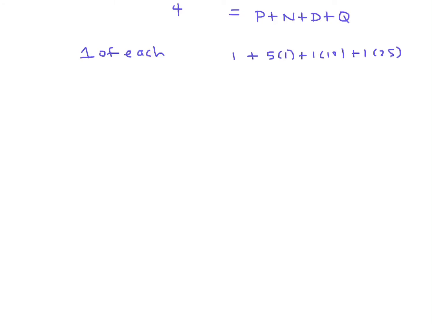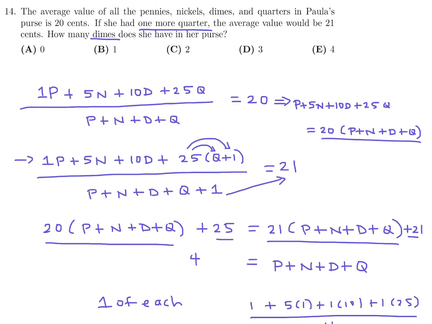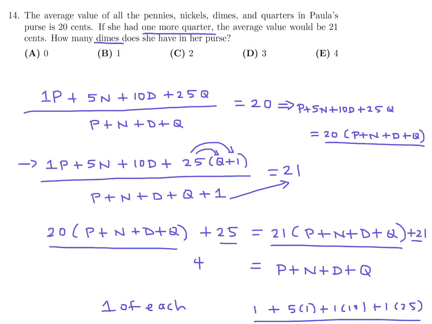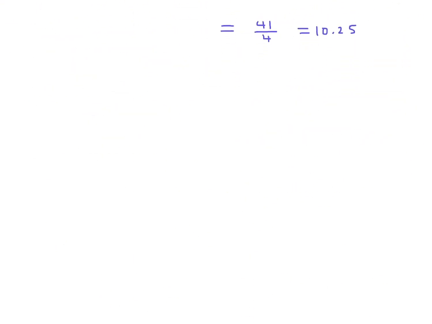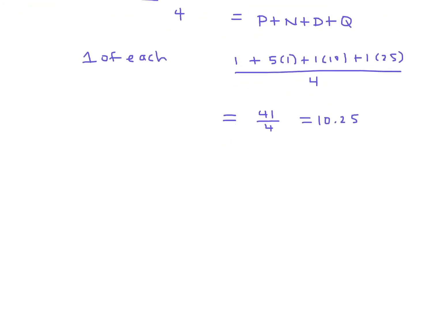And our average, divided by 4, this looks like 25, 35, 40, and 41 divided by 4. It's 10.25. Well, that doesn't work because our average, if you remember, for the value of all pennies, nickels, dimes, and quarters is 20 cents. Okay, no problem. Let's try this again.